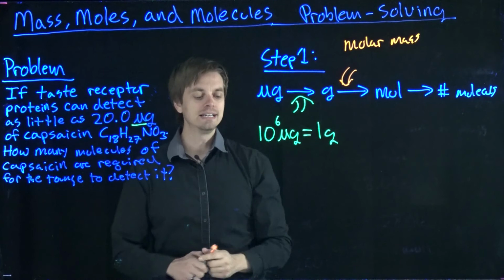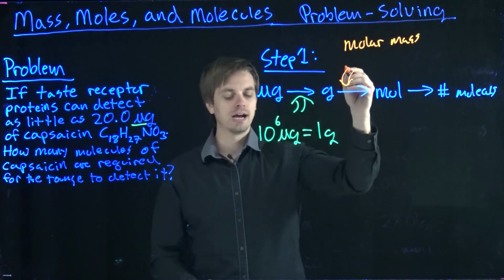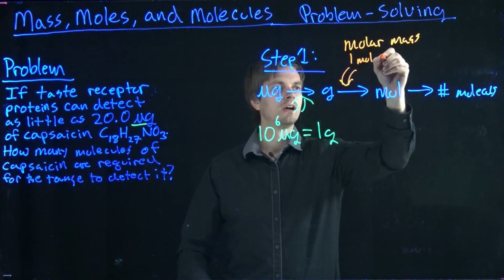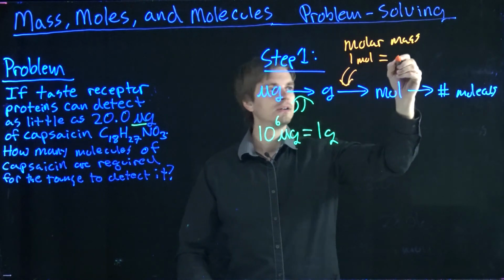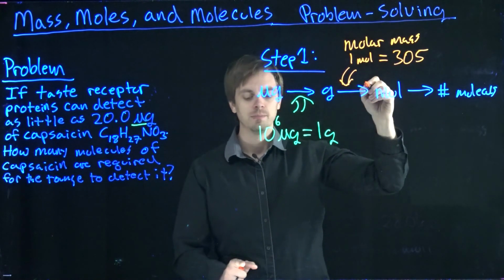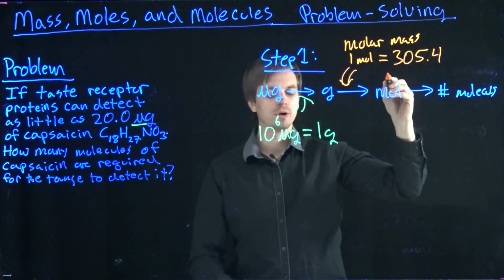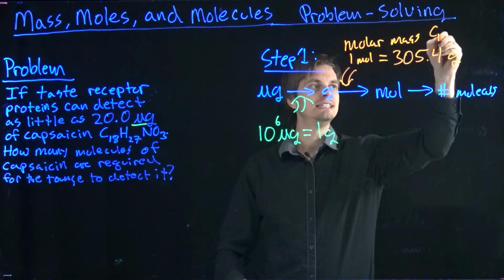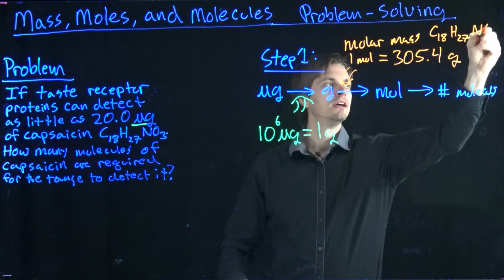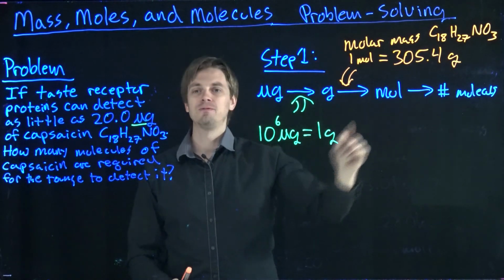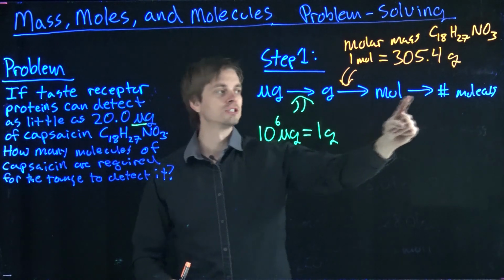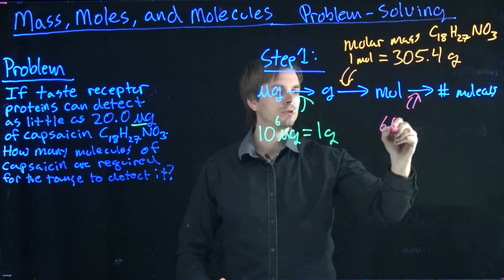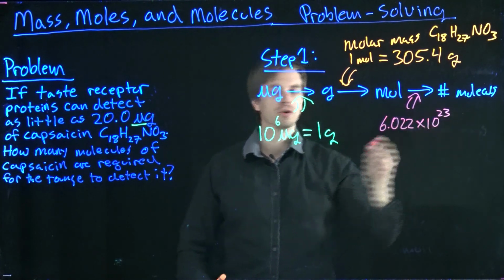At the end of the day, you should find a molar mass for 1 mole of capsaicin, C18H27NO3, of roughly 305.4 grams. And then finally, our conversion factor to go from moles to number of individual molecules is going to be our good friend Avogadro's number, 6.022 times 10 to the 23rd.